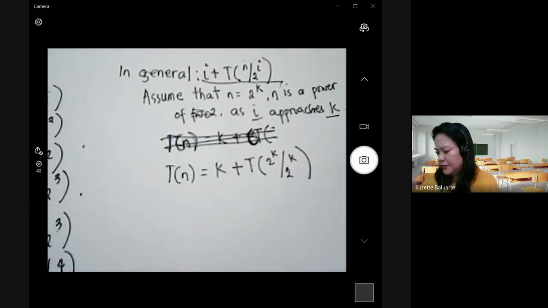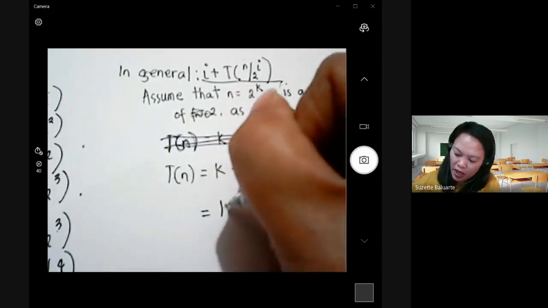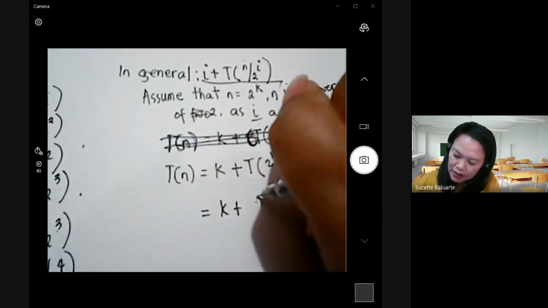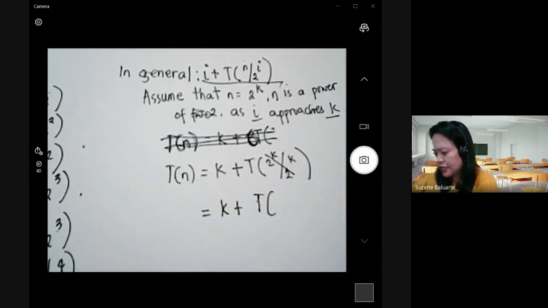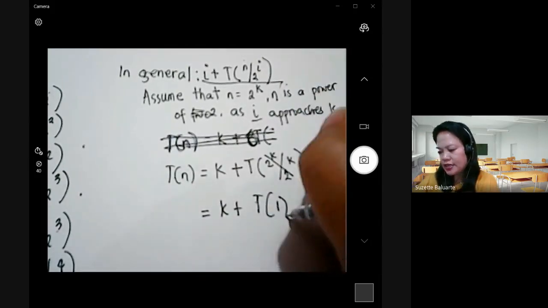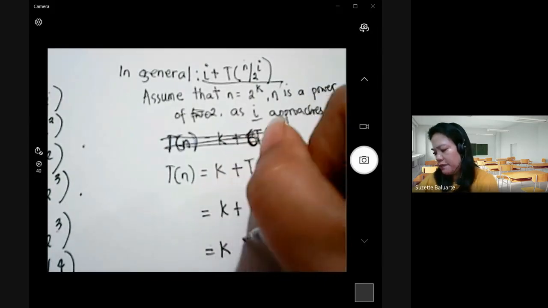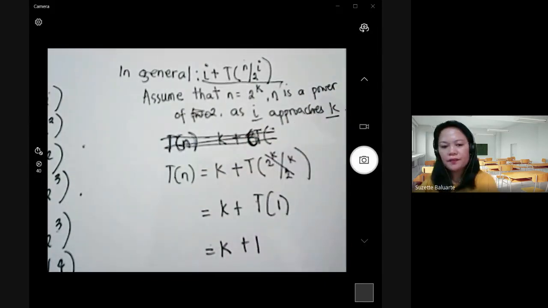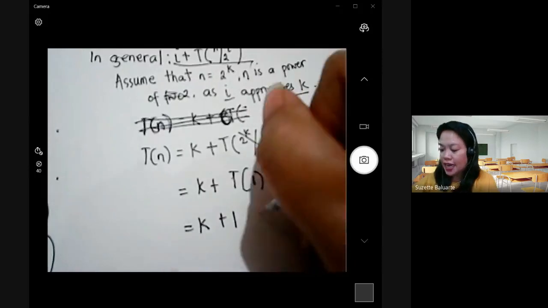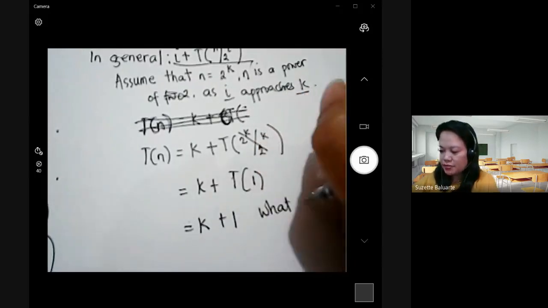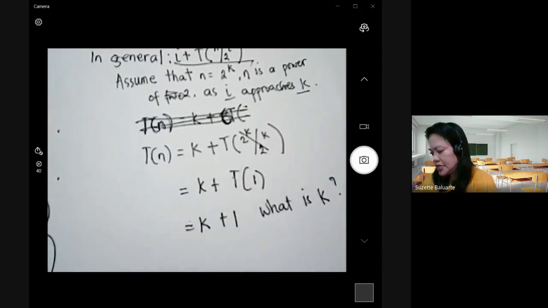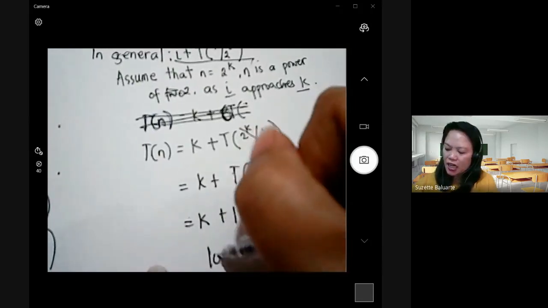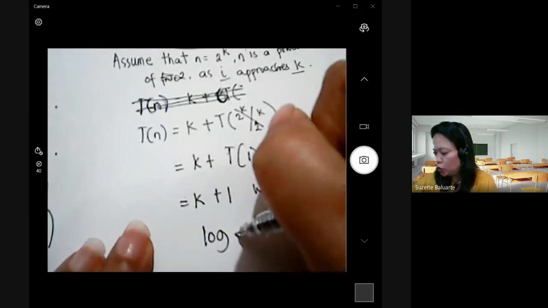So, unsa may mahitabo? This would be equals to k plus T of 1, cancel man ano? Correct? So k plus 1. And then, what is k? Ato nilang i-put sa atong mind, ha? K is log base 2 of n.